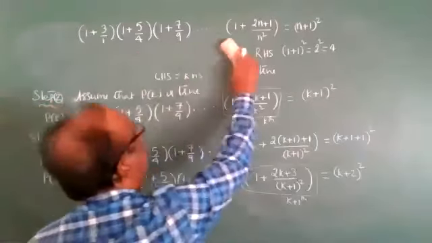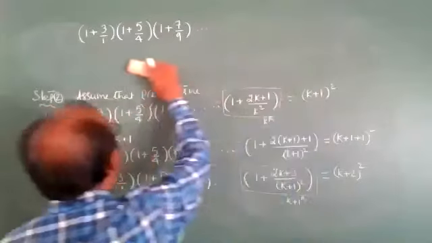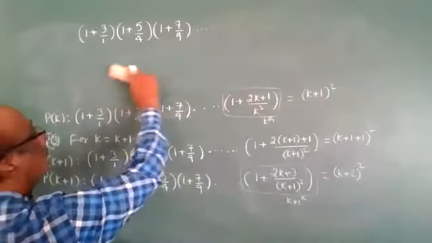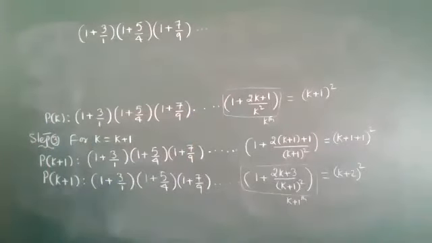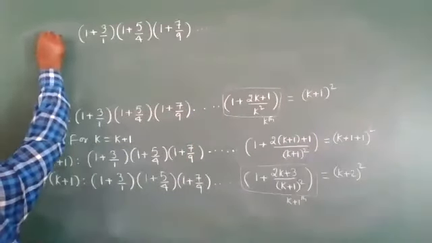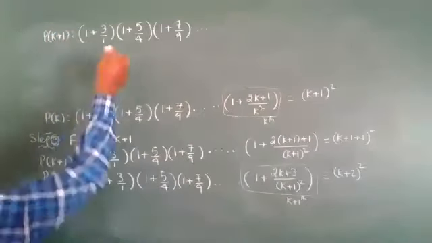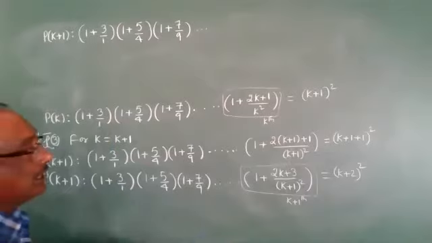So here I am writing P of k plus 1 such that first bracket, second bracket, third bracket, dotted, dotted.